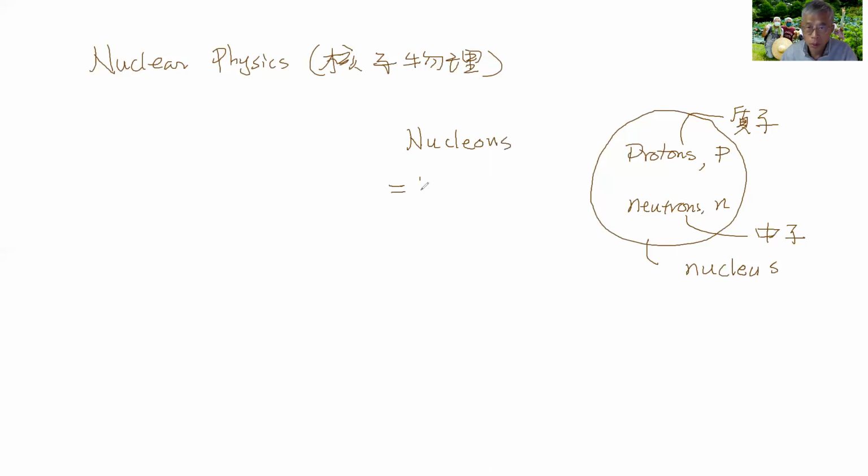It's equal to protons plus neutrons. So this is called 核子. Right? Nucleon is called 核子.